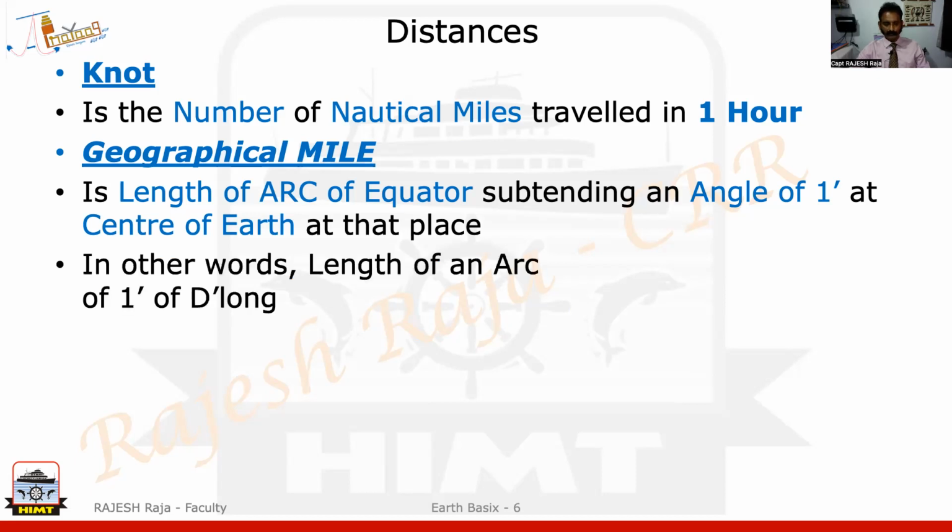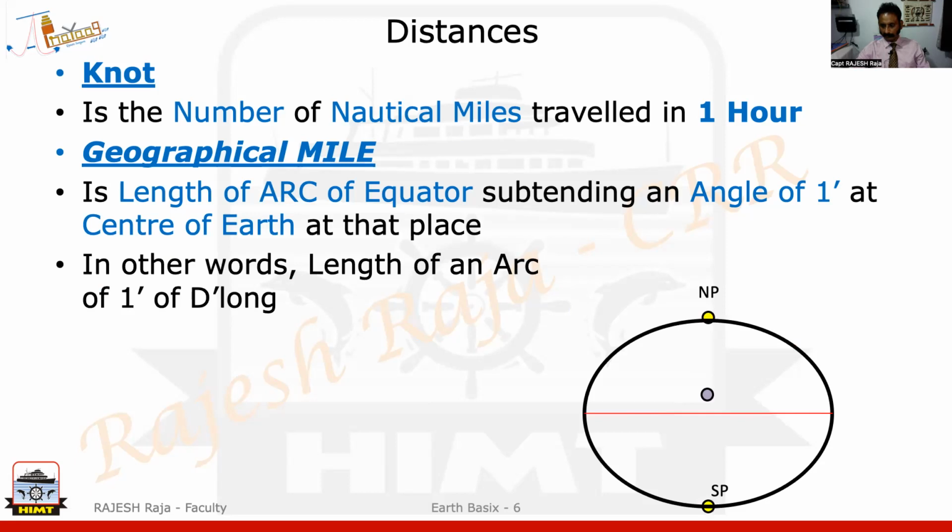So I'm going to show you. As I said, it is somewhat related to longitude, so I can call it the length of arc of 1 minute of d long. Let us take this. I call this the center of the Earth. We don't have a three-dimensional view, so I'm taking one point, and this will have a meridian.